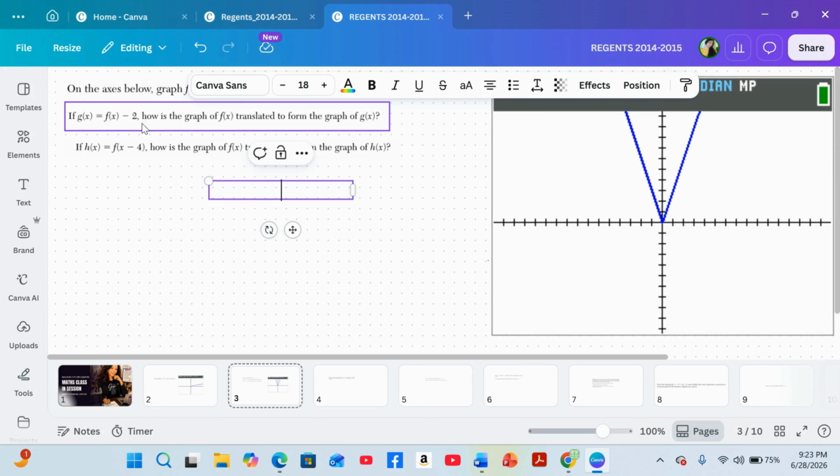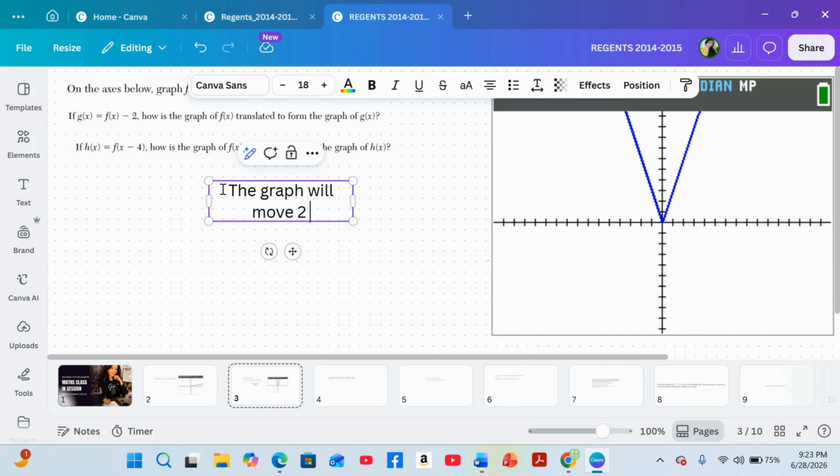So minus 2 will move the graph. The graph will move 2 places down.